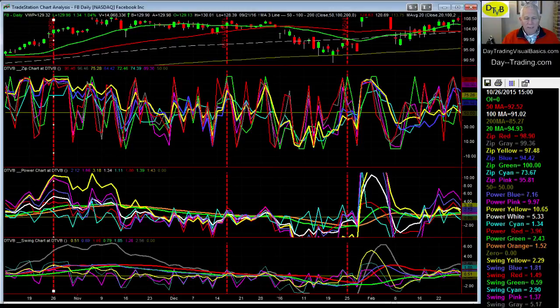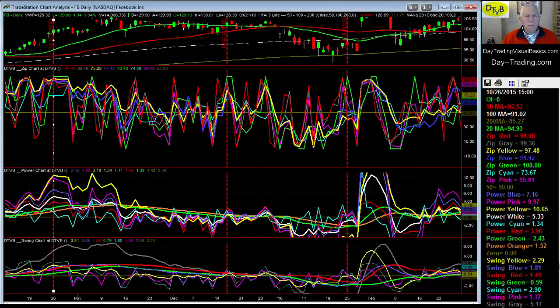They're not very high above the orange and green power lines. And the power green and orange are right in there with the narrow lines, which are just slightly above it. Whereas this one over here, your power yellow, pink, and blue are just sky high in relation to what's happening on the two examples on the right.